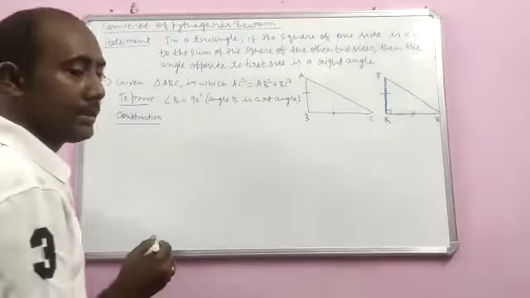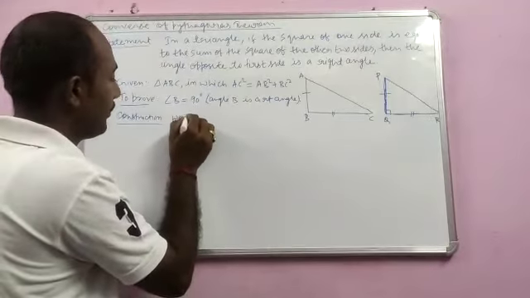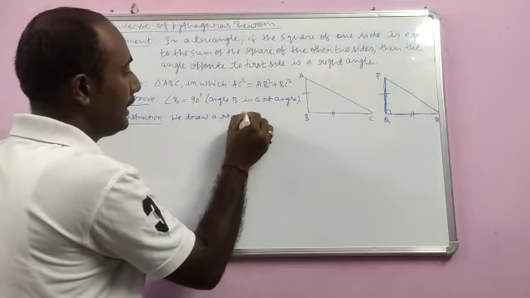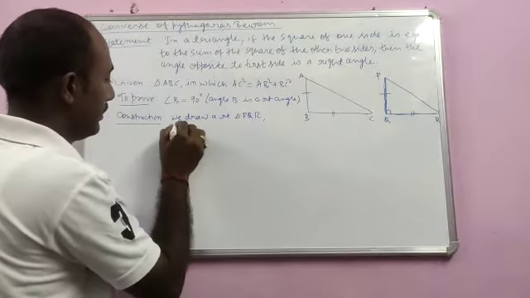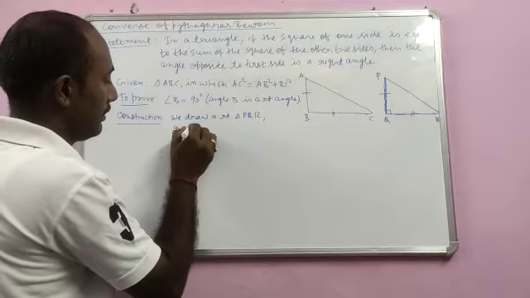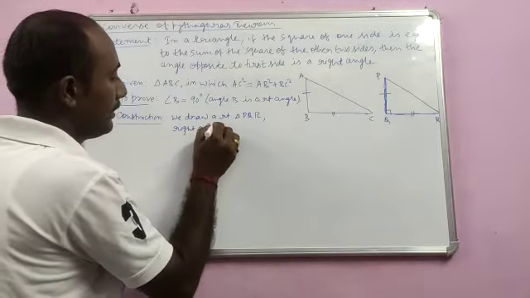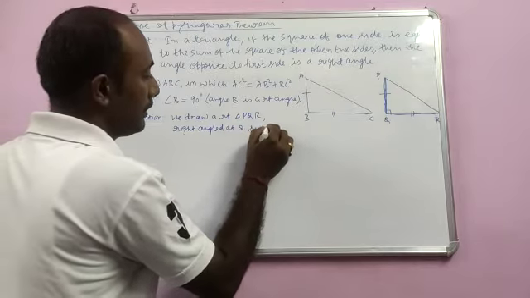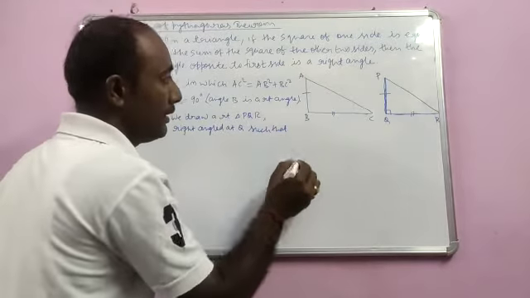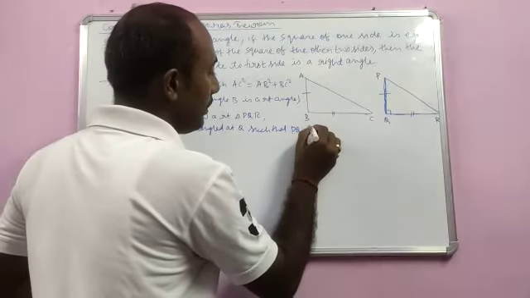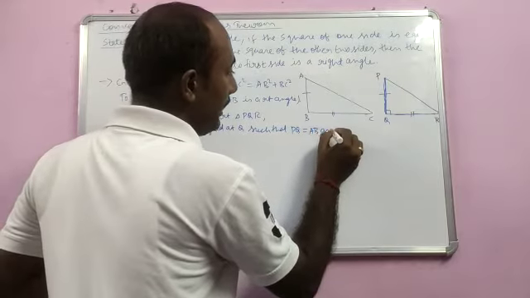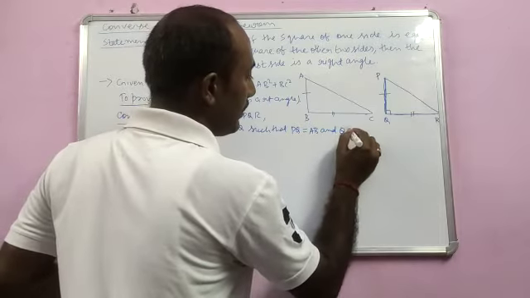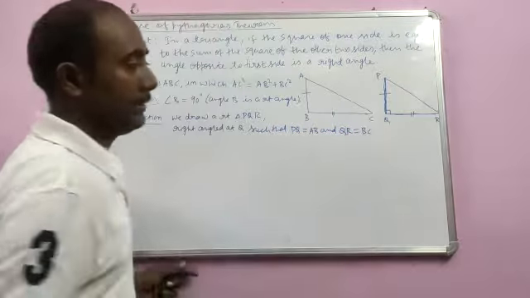So here we will write in construction that we draw a right triangle PQR, right angled at Q, such that PQ is equal to AB and QR is equal to BC.